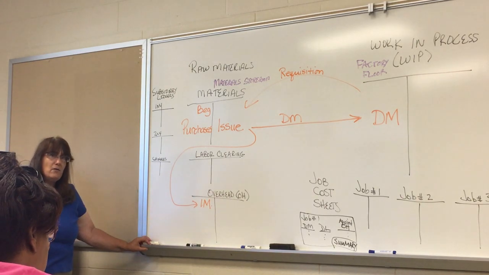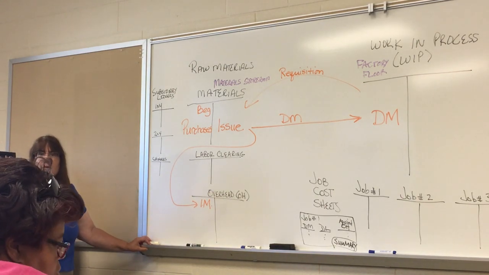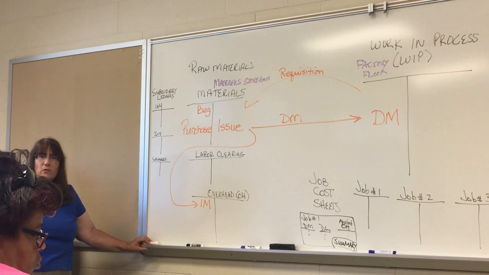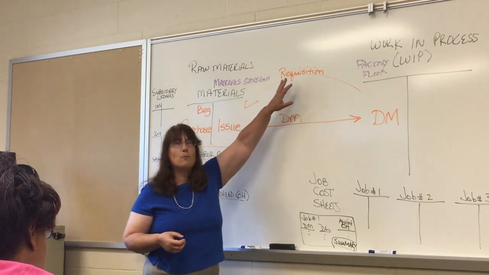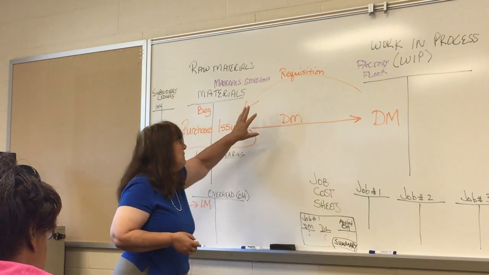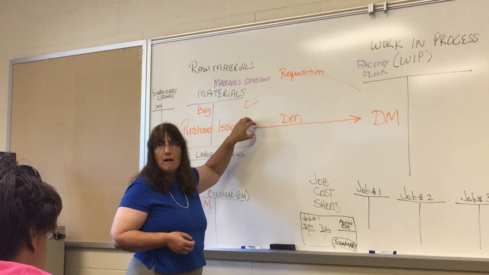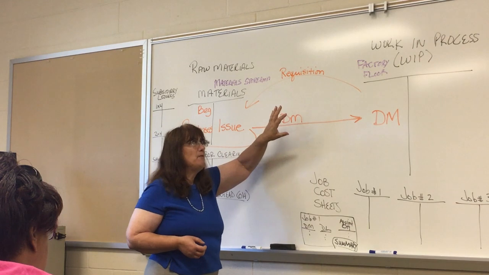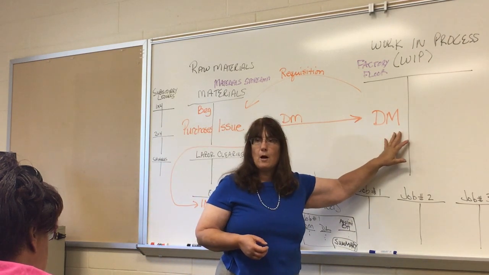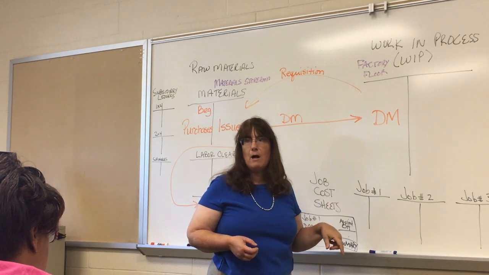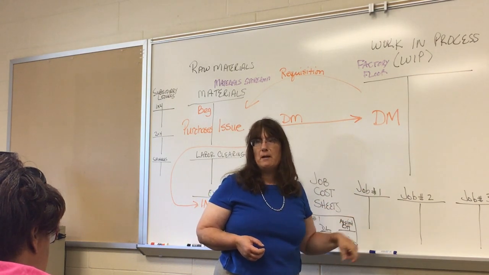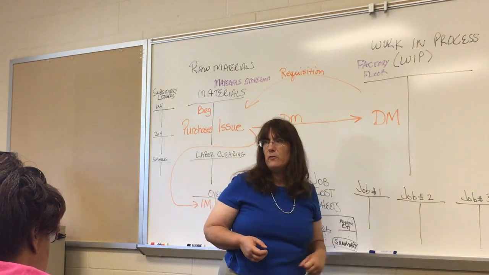Whereas nails, things like nails and glue and little bits and pieces, where a box of nails might be on the requisition form. So we put a box of nails on with all this other stuff to go to the factory floor. But the box of nails, some of it might get used in job 1, some of that box of nails might be used in job 2, some might be used in job 3.